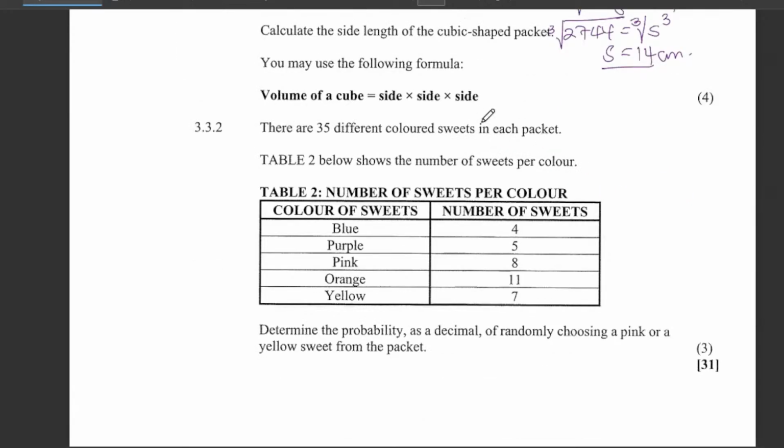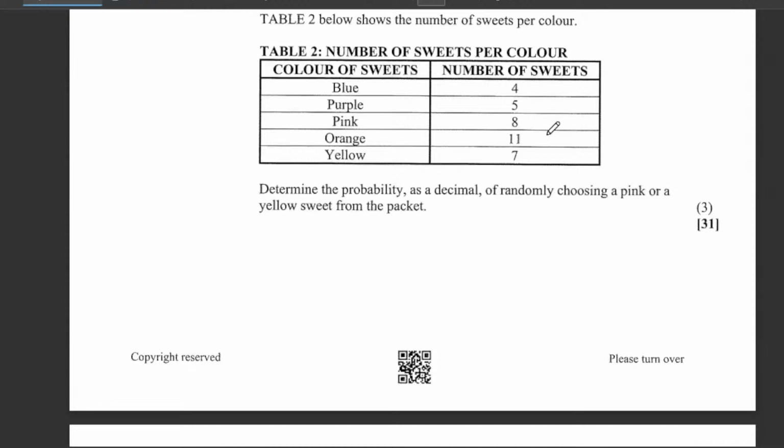There are 35 different colored sweets in the packet. Determine the probability as a decimal of randomly choosing a pink or a yellow sweet. That means we're going to add pink and yellow. Pink, there are 8 plus 7 out of the 35 as a decimal.